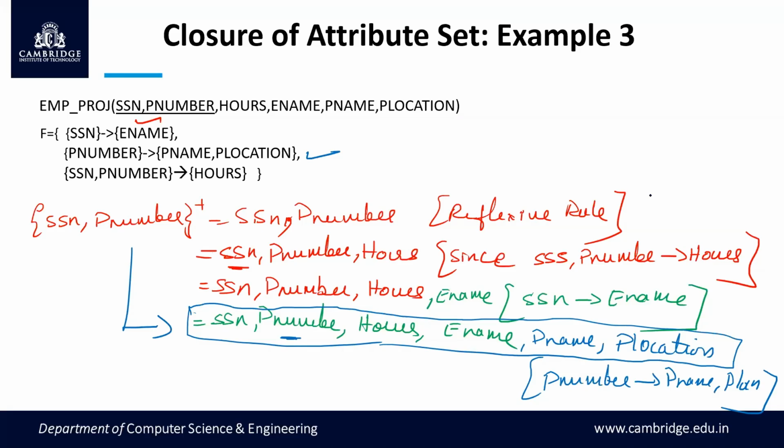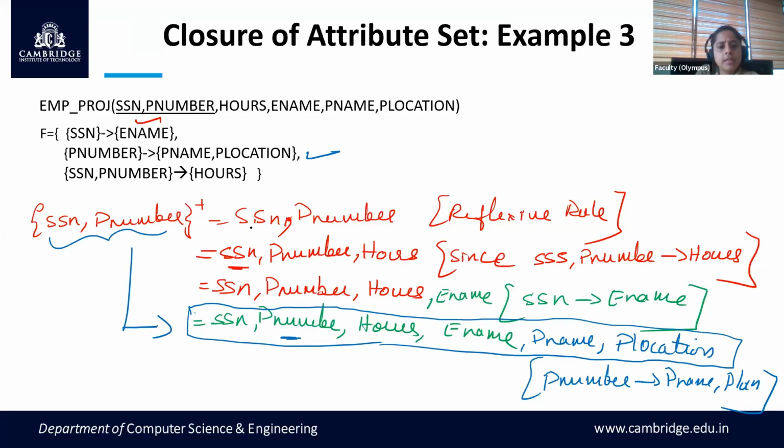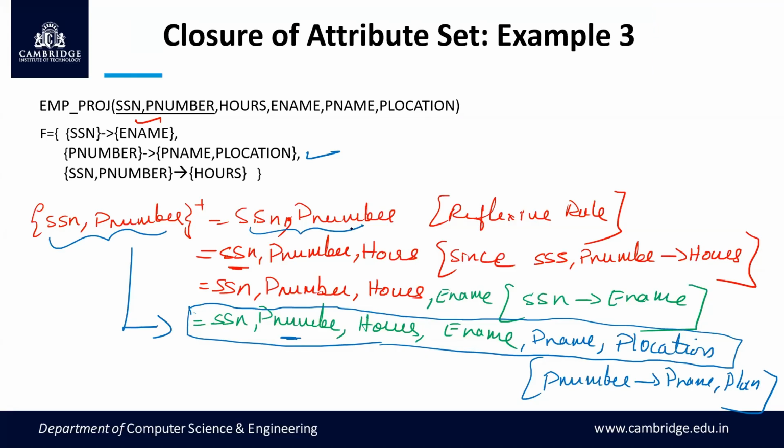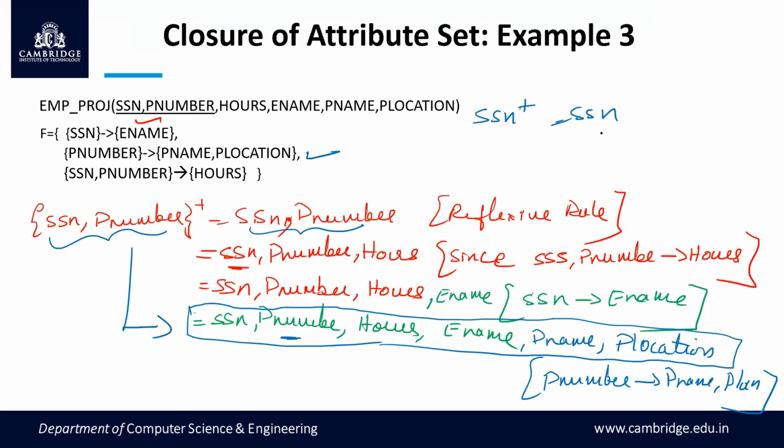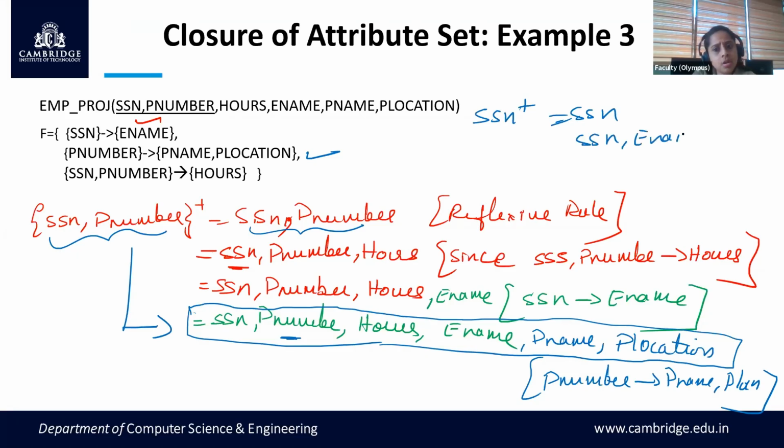I am taking a closure property for SSN comma P number. That reflexivity I'm using here. Individually, when I see SSN, if I take SSN plus, I will get one SSN on the right hand side. So that SSN will not be taken. No, SSN closure. From SSN I can only derive SSN comma Ename. That's all.